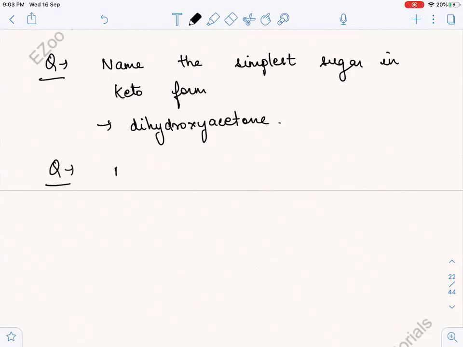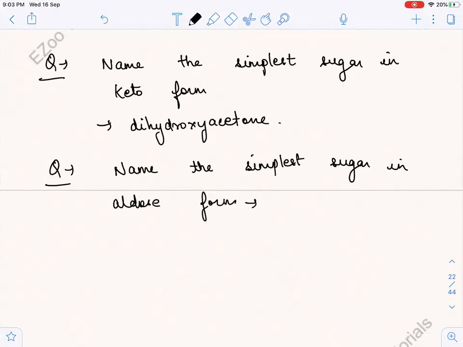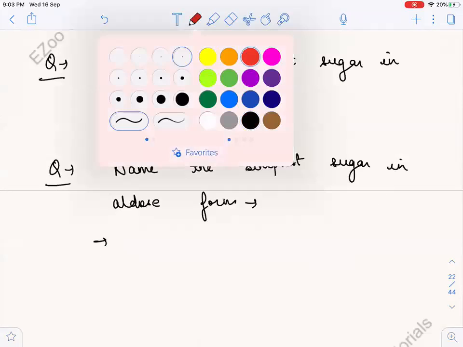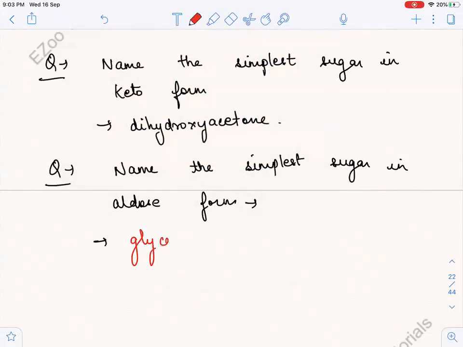Now name the simplest sugar in aldose form. Who will it be, quickly tell me. The answer will be what? Glycerol aldehyde, right? So this is the way in which you have to interpret what you are learning. Okay.